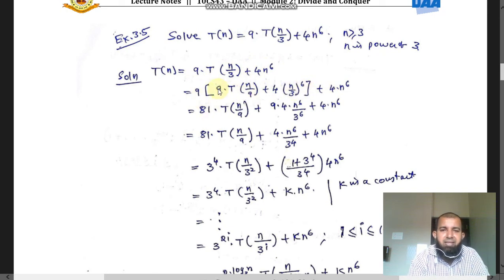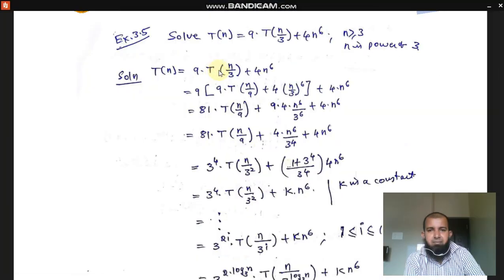Again you simplify: 9 into 9 is 81, T(n/9) plus n^6 over 3^6, and 9 into 4, plus 4n^6.